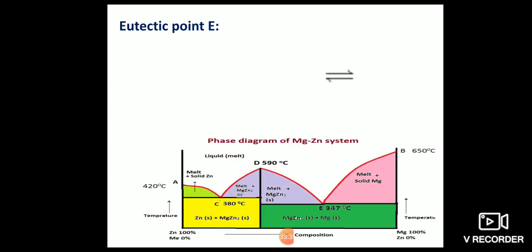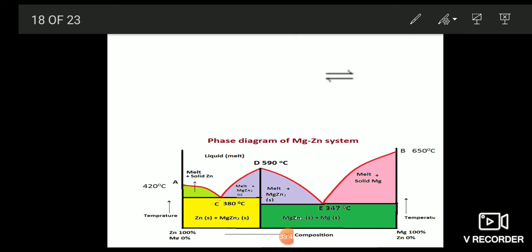Now coming to one more eutectic point, E. We have two eutectic points in the system, as we have seen. The second is E, at 347 degrees Celsius. To reach this point, we have to start from the right side, from magnesium.